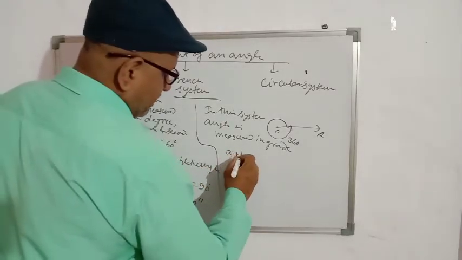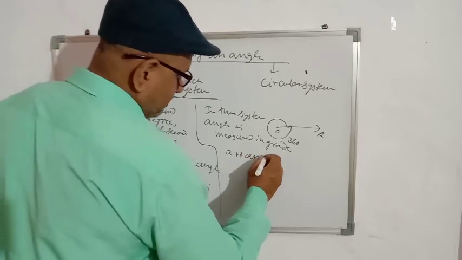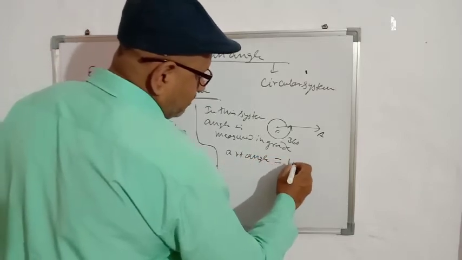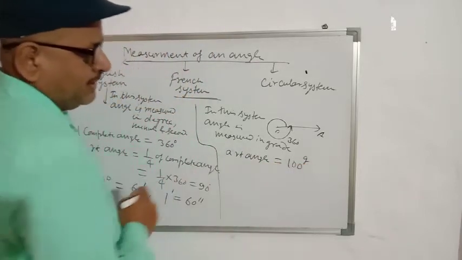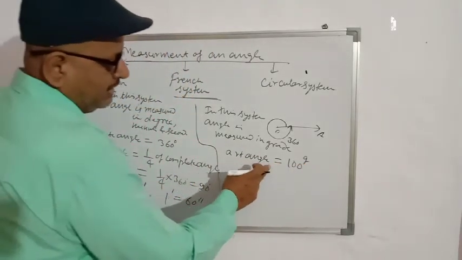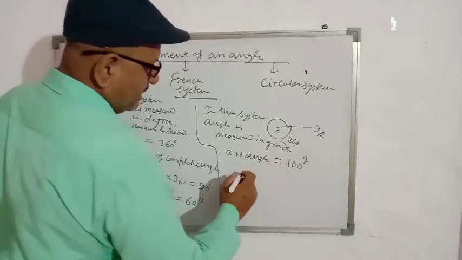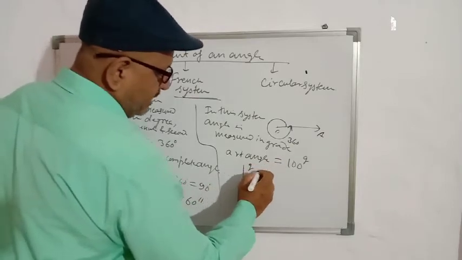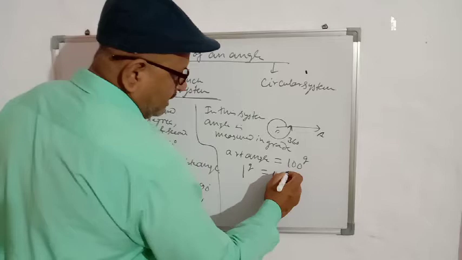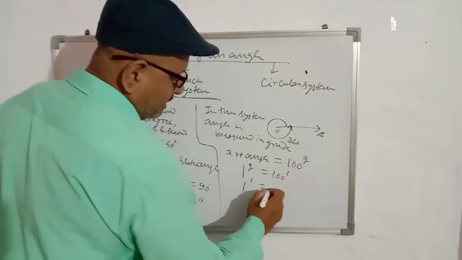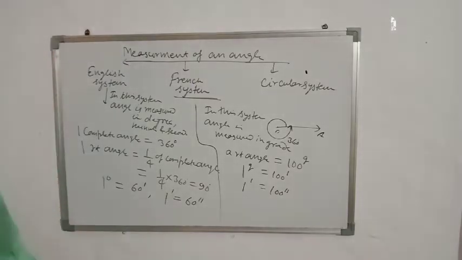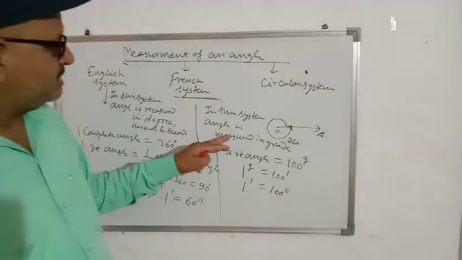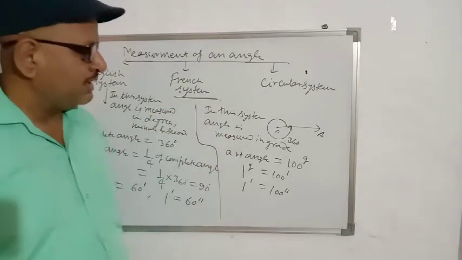A right angle is equal to 100 grade. G means grade. A right angle, meaning 90 degree, is equal to 100 grade. And 1 grade is equal to 100 minute. 1 minute is equal to 100 second. So this is the French system in which angle is measured in grade.